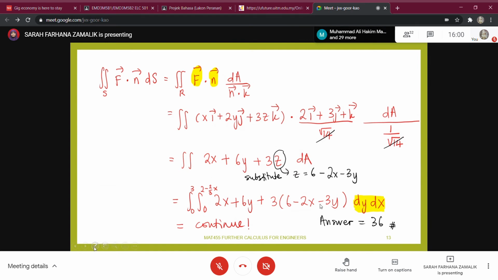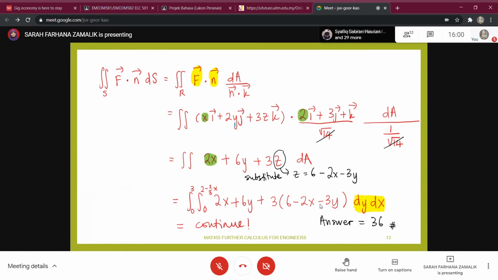So what happen next? Sebab ini dot product, sama lah konsep macam saya bagi tahu tadi. Sebab dot product awak mestilah multiply the same component. X dengan multiply with 2 here. So you get 2x. And then lepas tu mesti plus because this is dot product.